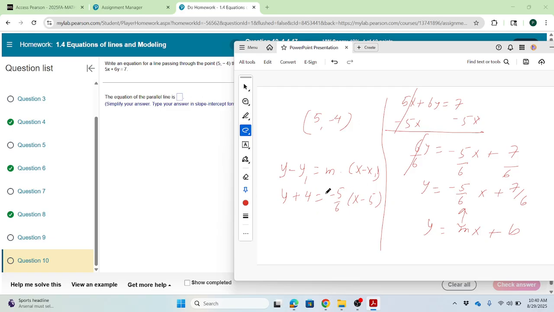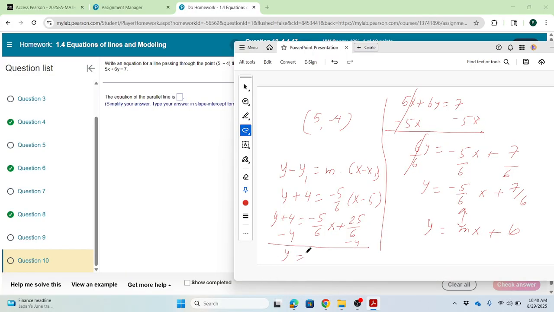So this is not the end of the story. You have to bring 4 to the other side. You have to distribute this -5/6 here. So y plus 4 equals, let's distribute this -5/6: negative times negative is positive, 25/6. And subtract 4.